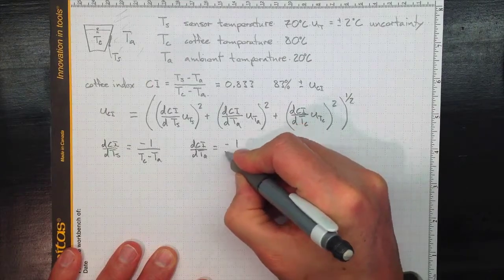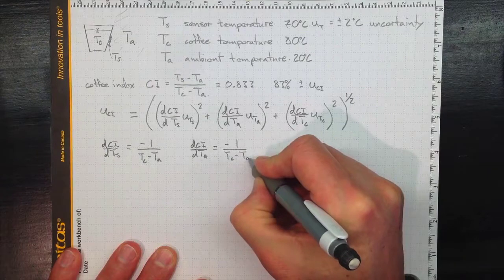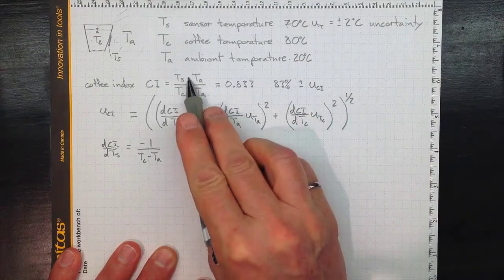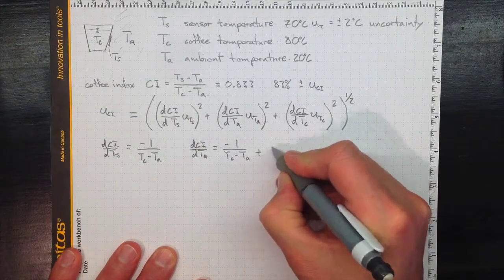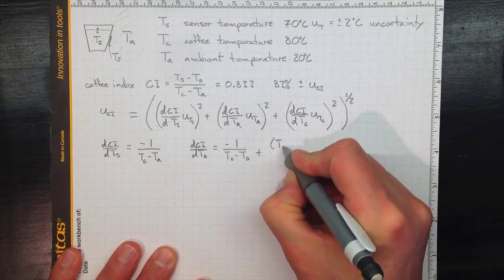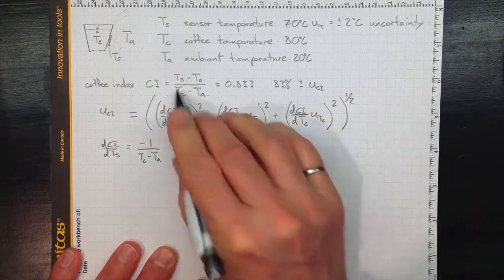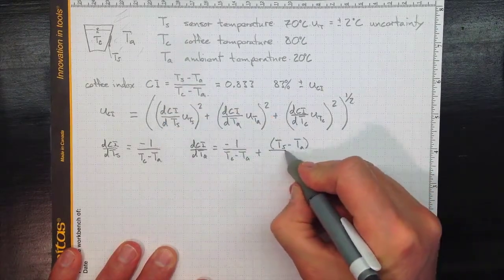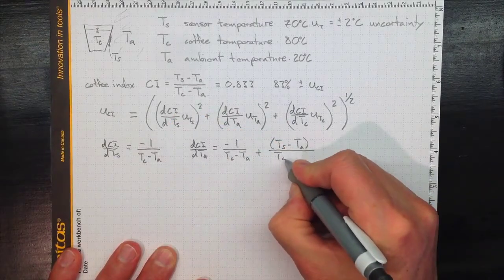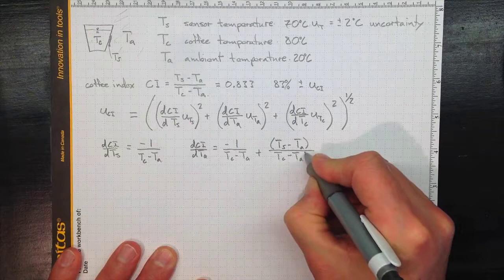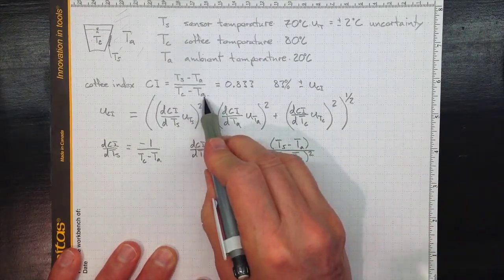Negative 1 over Tc minus Ta, that came from this negative Ta up here, plus Ts minus Ta, those terms there, divided by Tc minus Ta squared, and that came from this Ta down here.